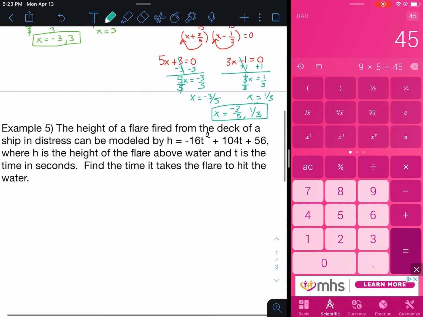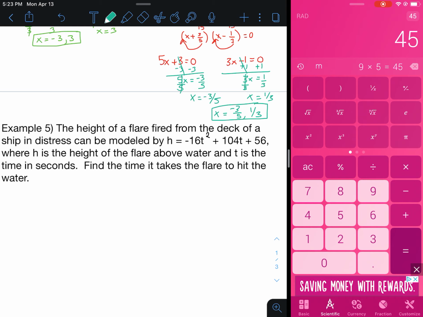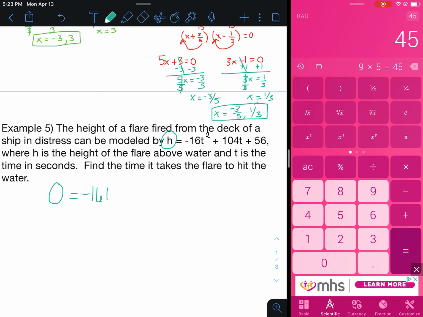So we have to remember that when the flare hits the water, it is at 0 feet above sea level. So 0 is going to be our h value. So instead of h, I'm going to plug in 0. And then I'm going to have negative 16t squared plus 104t plus 56.